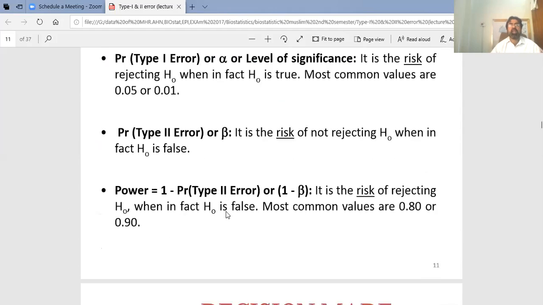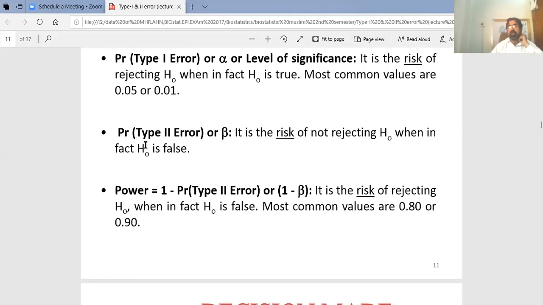You may go for any, it depends upon your assumptions, whether you have fulfilled all the assumptions. If you have met all the assumptions, you can decrease your alpha level or type 1 error, and if you have not properly met the assumptions, you can increase this alpha.